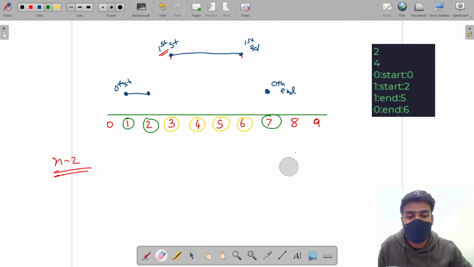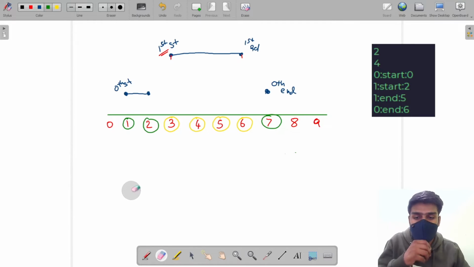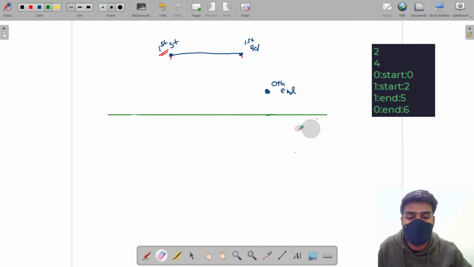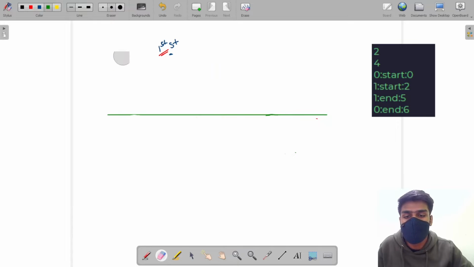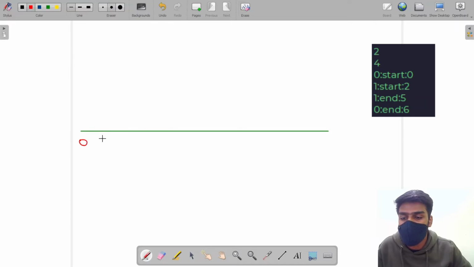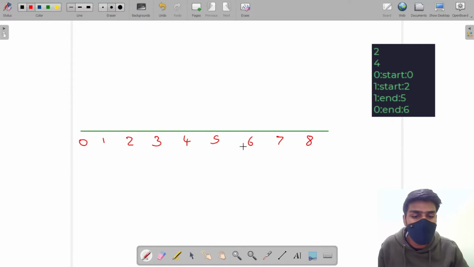All right, so let's move on to the question and let's create the sample input inside this timeline. So I will delete this all. Let's delete this line also. I will create a new line for the new input. I will create the timeline 0, 1, 2, 3, 4, 5, 6, and we needed it only till 6.